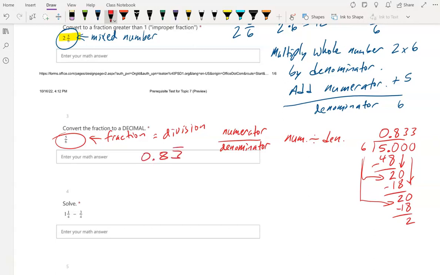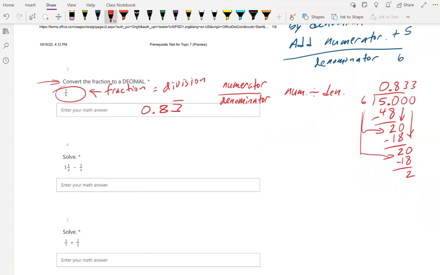Now, if you haven't been writing this down in your math notebook yet, you should go back and start from the beginning and make sure you write all these notes down in your math notebook so that you know how to convert a fraction to a decimal and convert a mixed number to a fraction greater than 1.